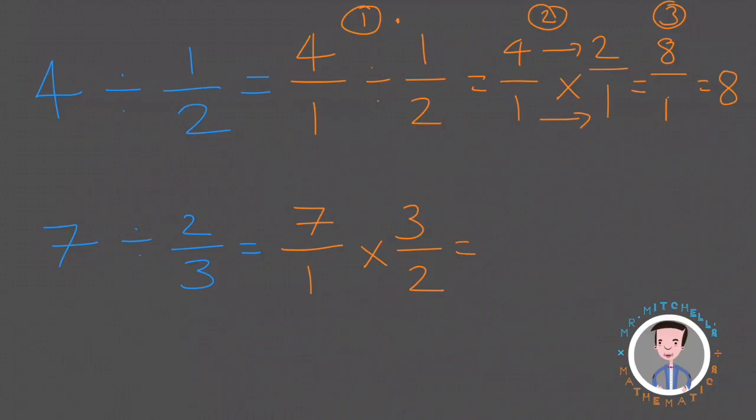And then what I do is 7 times 3 is 21. 1 times 2 is 2. So therefore, in this case, because it doesn't fit perfectly, we get a final answer that's a fraction, 21 over 2, which as a mixed number is 10.5.